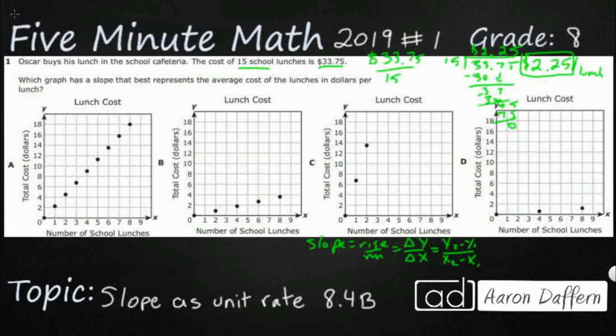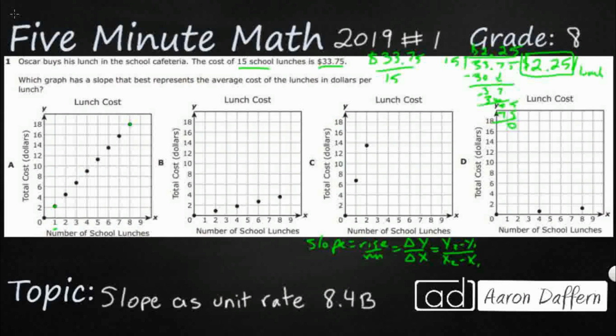So this first one looks pretty good, because it looks like it might be about $2.25 for one lunch. I'm looking at that point right there. It looks like the only point that I can find that actually lands on an actual intersection is going to be this 18, 8, right?